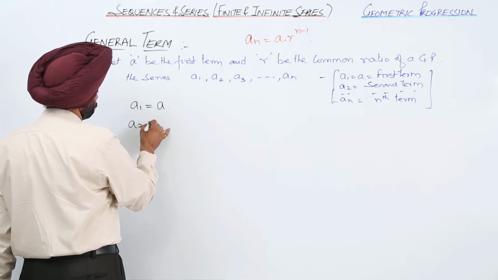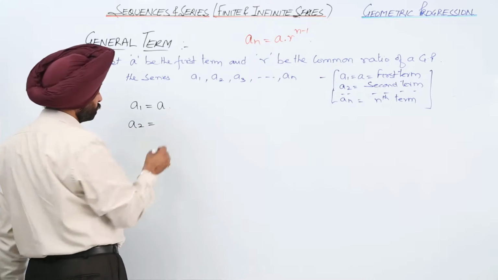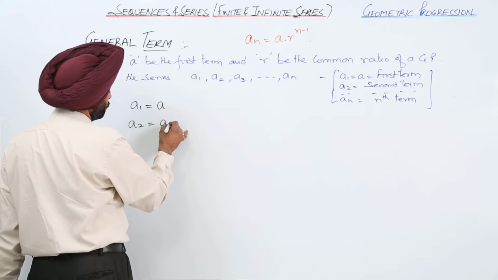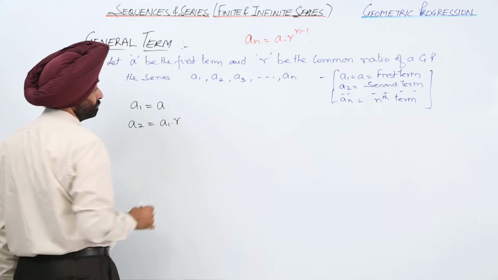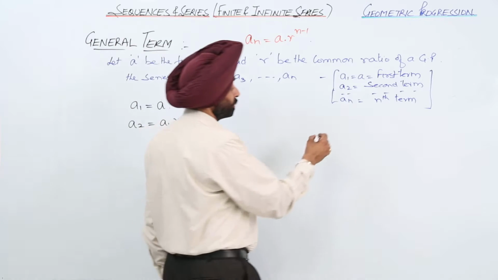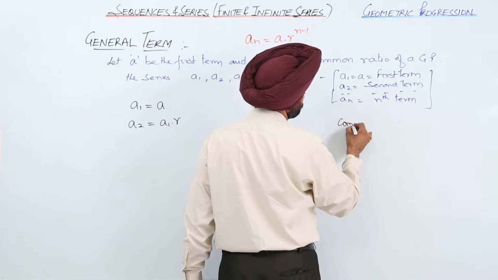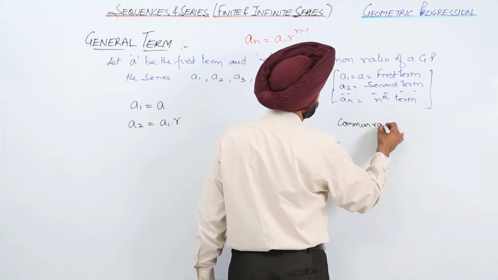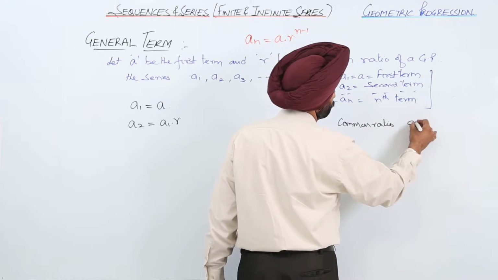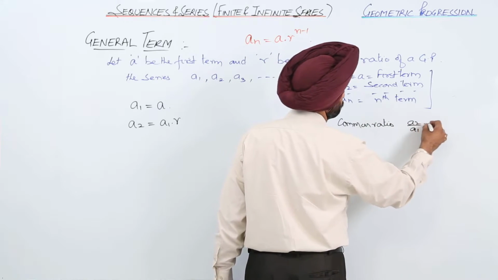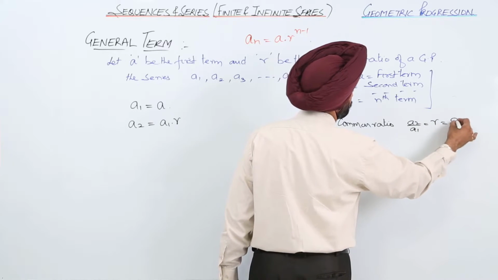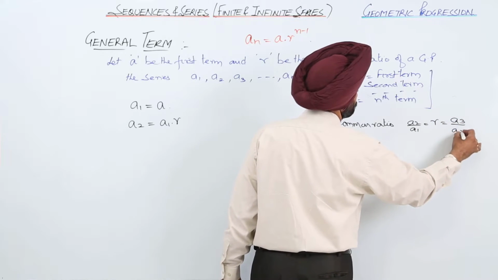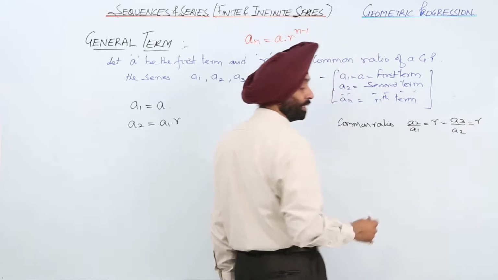Okay. A2. Now A2 is equal to what? A2 will be A1 with R. Now why A1? Because the common ratio, I told you in the definition, is A2 upon A1 is equal to R, A3 upon A2 is equal to R, like this it goes on.